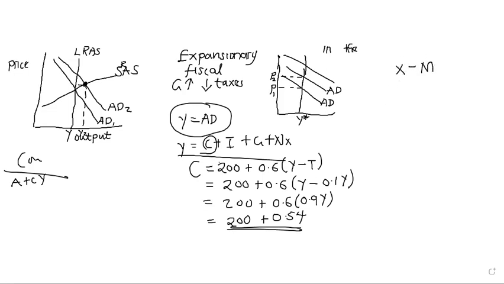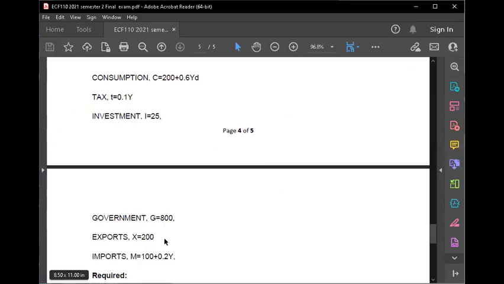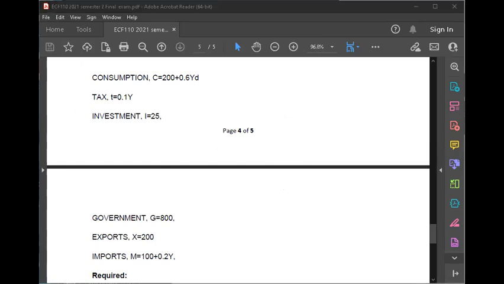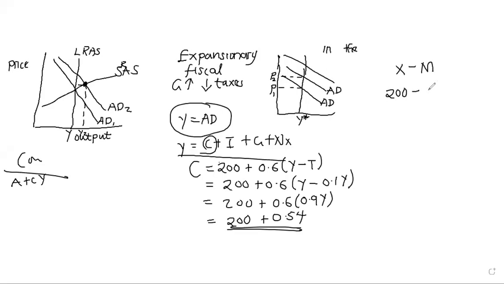Our exports are 200. So 200 minus the imports, which is 100 plus 0.2Y. So from here, you just say 200 minus 100 minus 0.2Y, where I always emphasize multiplying the negative. So here we're just going to have 100 minus 0.2Y.